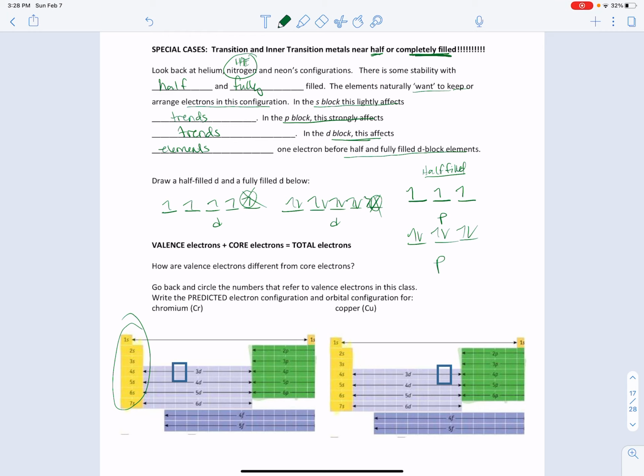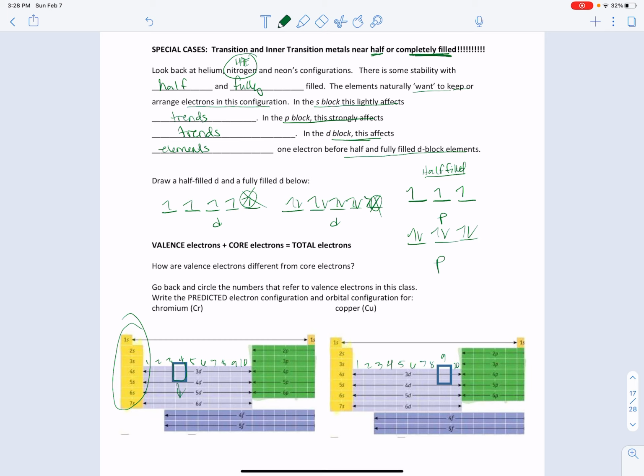Let me see if I can get it. So this would be 1, 2, 3, 4, 5, 6, 7, 8, 9, 10. So it happens right here. It also happens lower, when you have 4 d electrons, and then when you have 9.